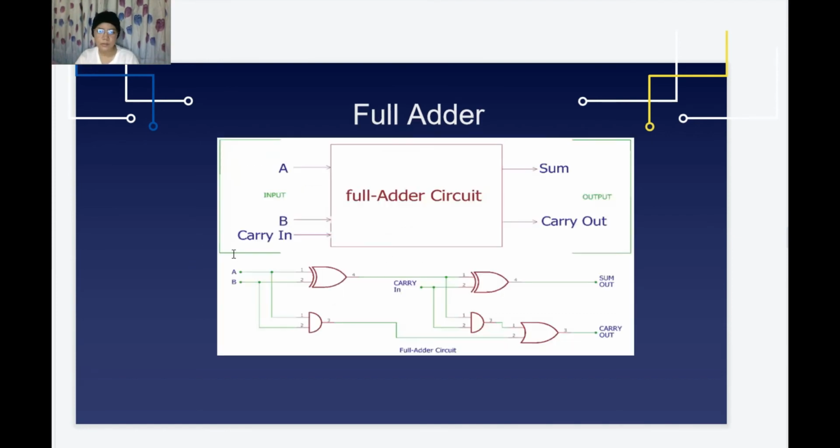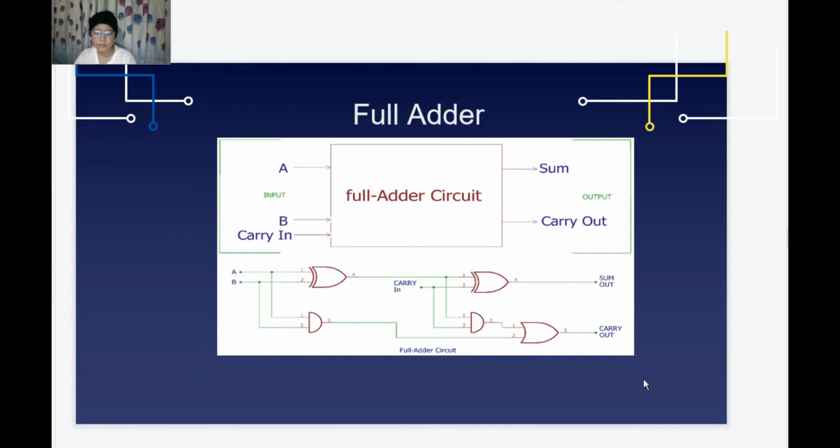So here we have the other one, the full adder. The full adder is the same as the half adder, but here it adds three 1-bit binary numbers, which are A, B, and carry in, and the outputs are sum and carry out.